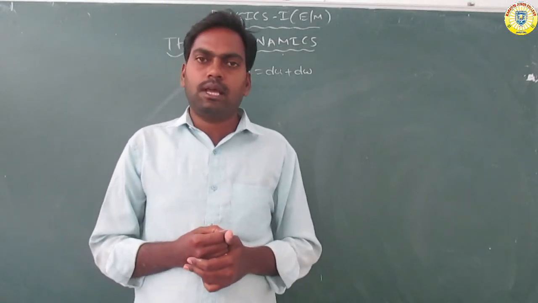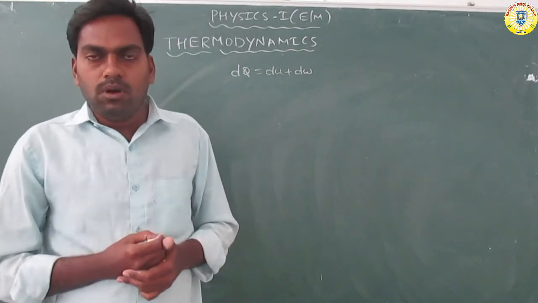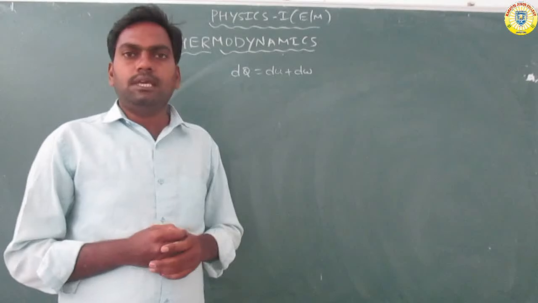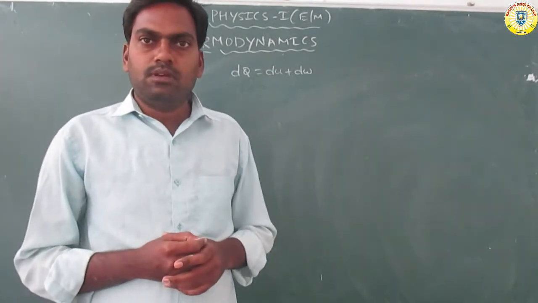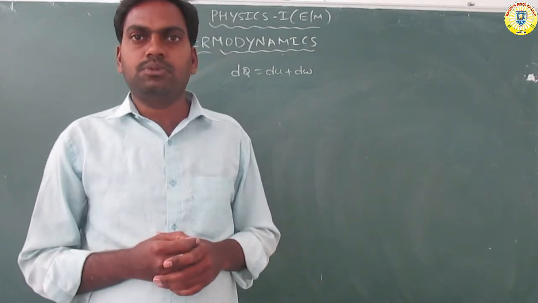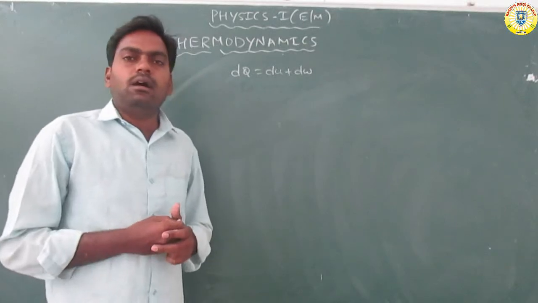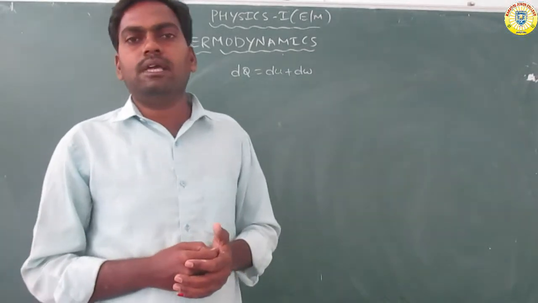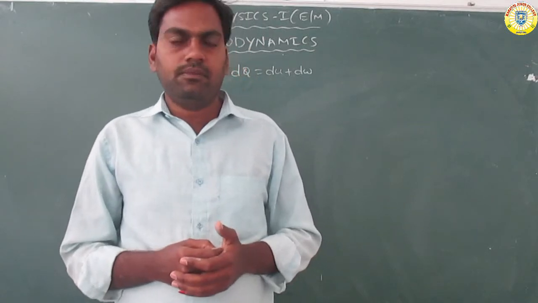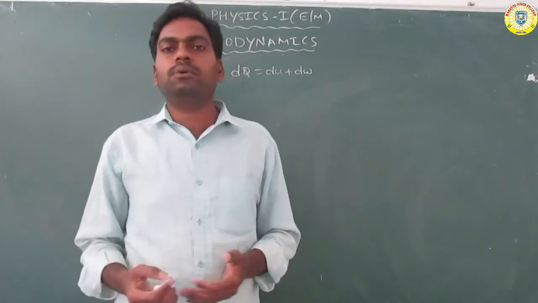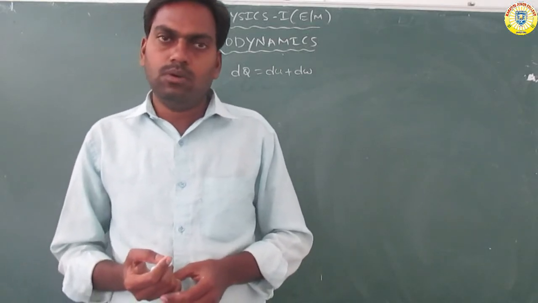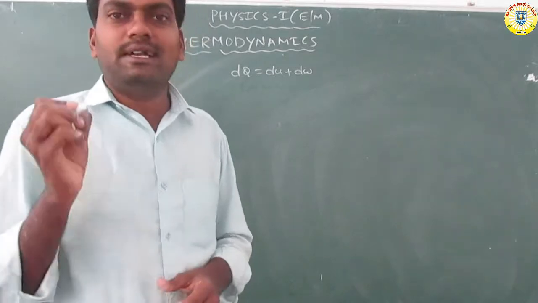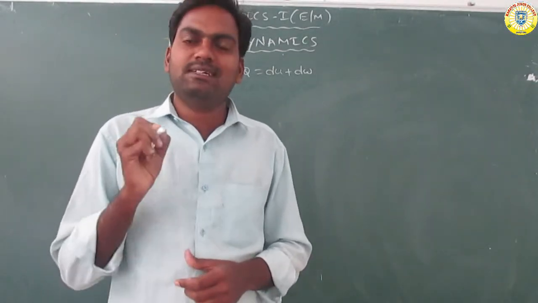So that is called the first law of thermodynamics. Here dQ is the amount of heat supplied to the system, to the body, and it is utilized in one part for developing the internal energy, dU. dW is nothing but the work done by the system. So dQ equals dU plus dW.